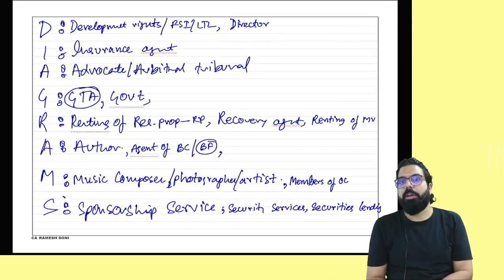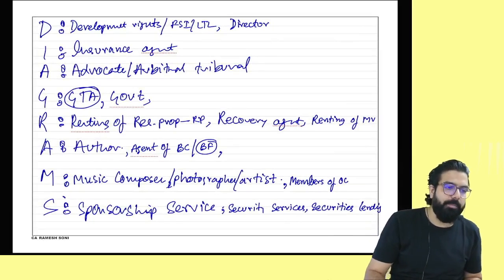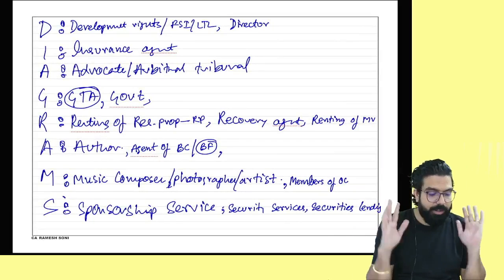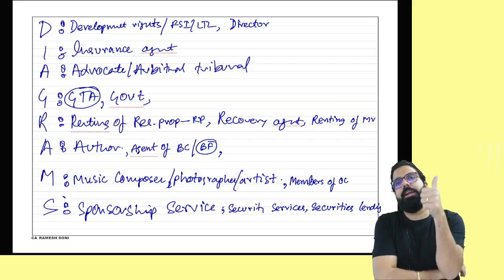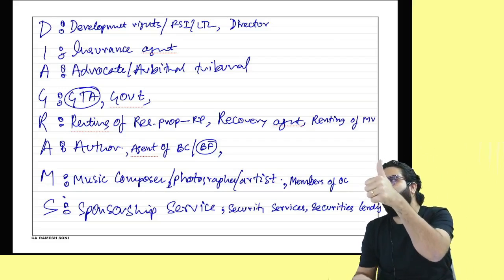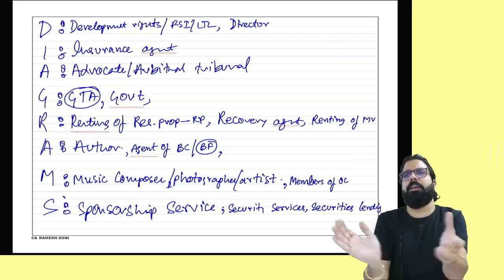That's it, everyone. These are the things on which GST is applicable under RCM. Very, very simple to remember. I think you can go ahead and remember it like this. D for development right, floor space index or long-term lease when you give land. To whom? Promoter. Promoter will pay GST under RCM.